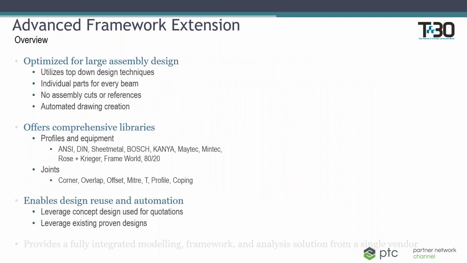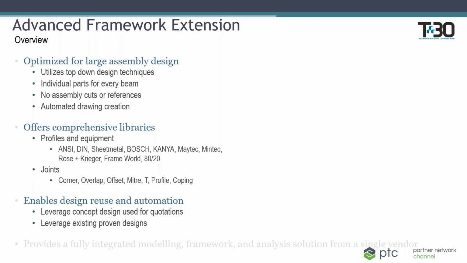Okay, so here's an overview of what the AFX is and what it currently offers. So its main priority is to optimize design for large assemblies, right? So it uses top-down design techniques where you can capture your design intent at the very beginning of the design, right?